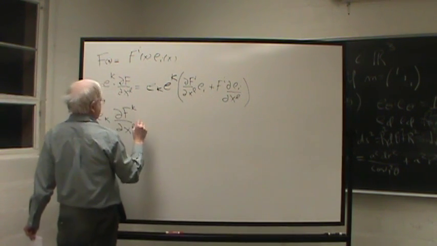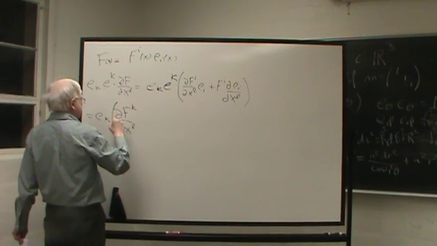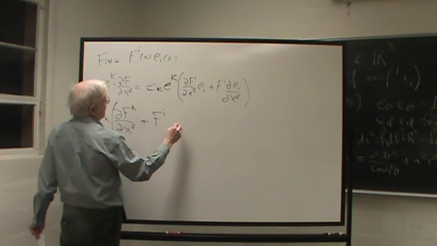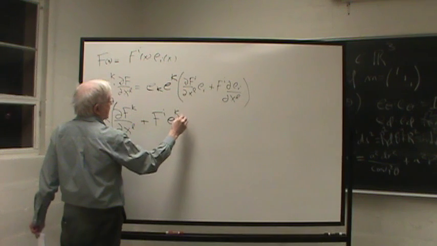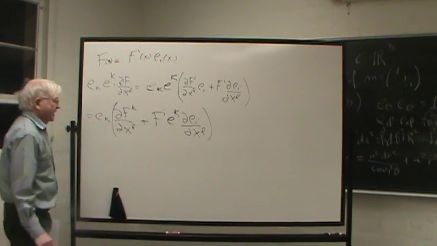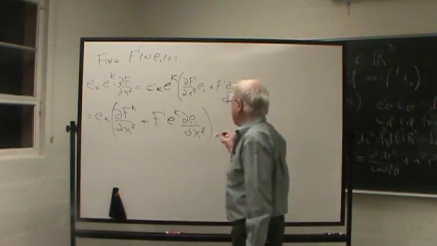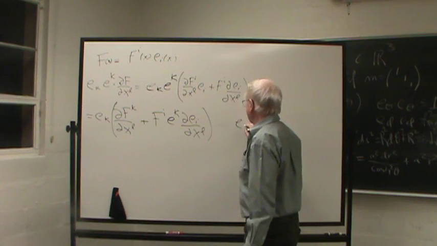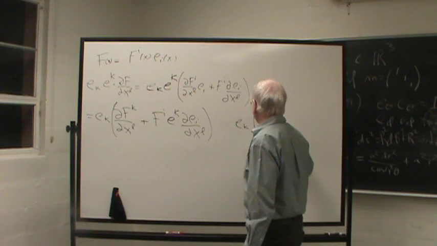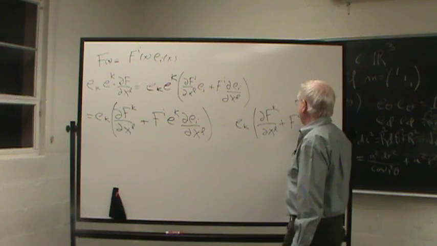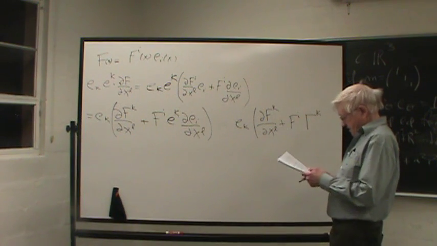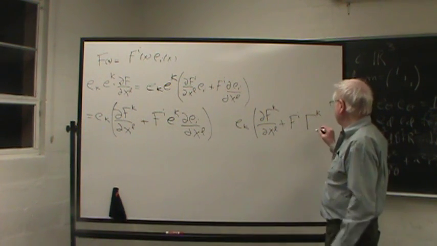And then this one gives us something new. The ek is just sitting there. And so what we have is fi ek dot partial ei partial xl. And this thing is, in standard notation of relativity, partial fk partial xl plus fi gamma k il, yes.